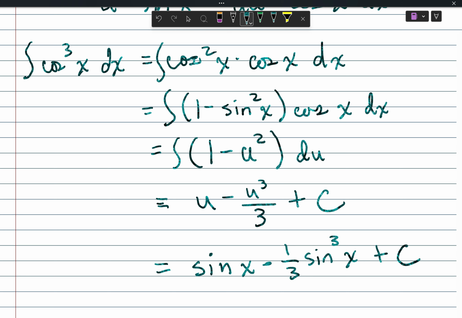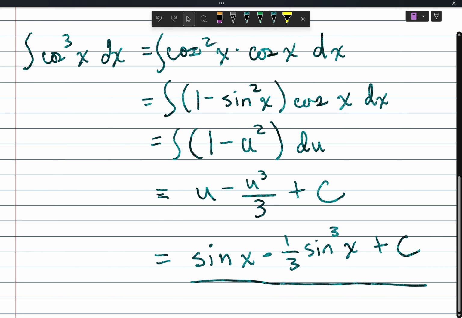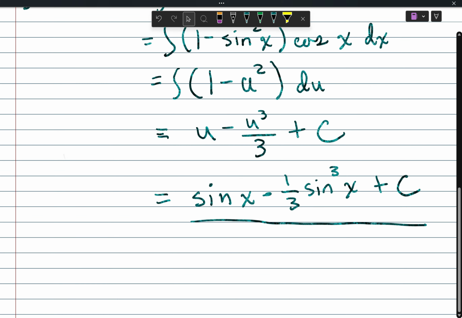All right, so this is it for us. That helped us out tremendously. In general, we try to write an integrand involving powers of sine and cosine in a form where we have only one sine factor and the remainder of the expression in terms of cosine, or only one cosine factor and the remainder in terms of sine.